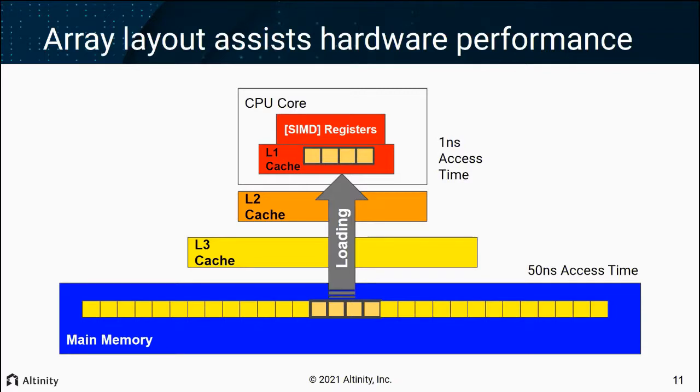It loads in a 64- or 128-bit integer into that register, and whatever mathematical operation we're doing, you just do it all at once. So this is another more subtle way that column storage is very beneficial.